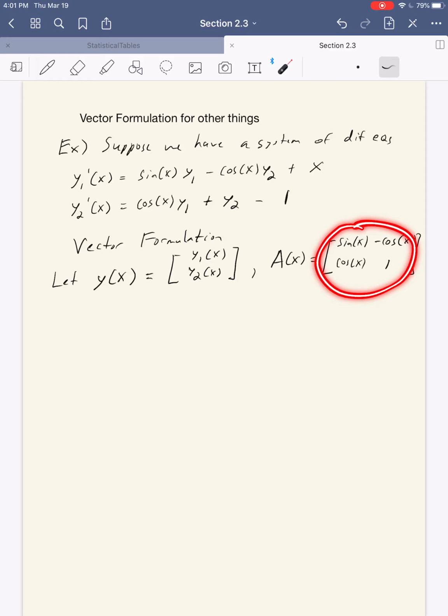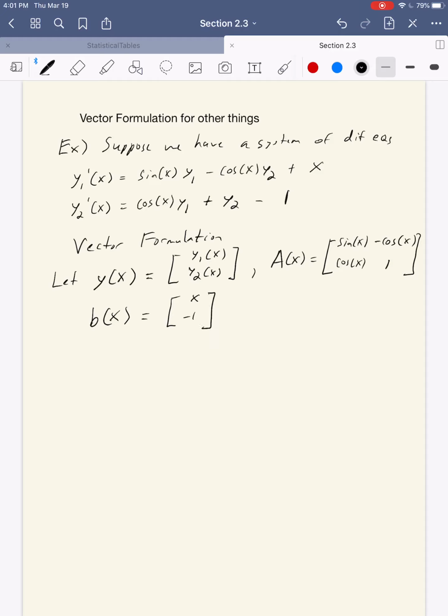Well, those are the coefficient functions on those y1s and y2s. Then we'll define one other vector function, b of x, to take care of these little pieces here, which would be x and negative 1. So now we could write the vector differential equation, and we could call this left-hand side y prime of x.